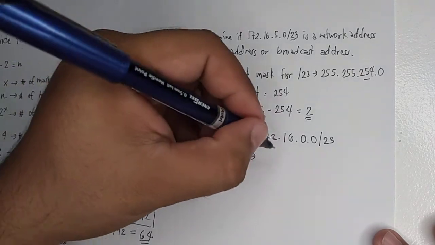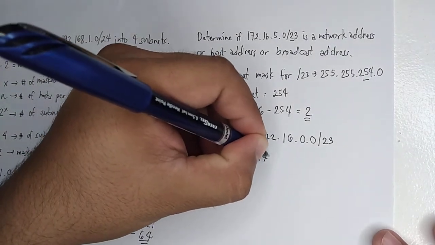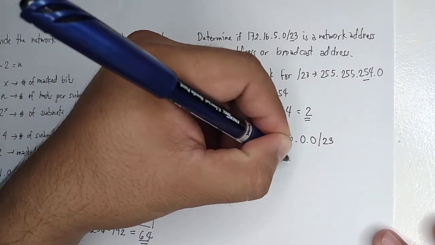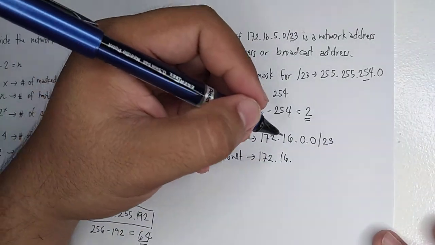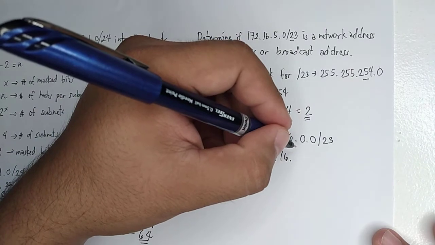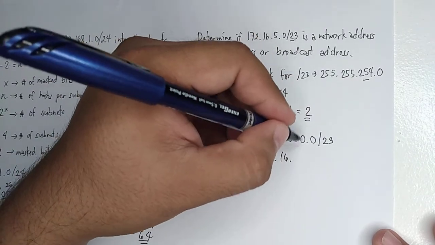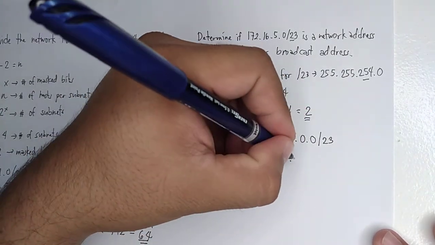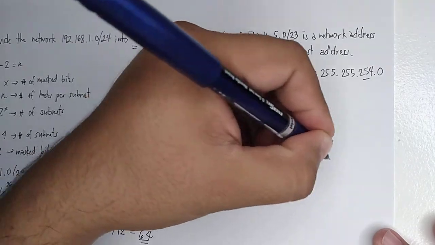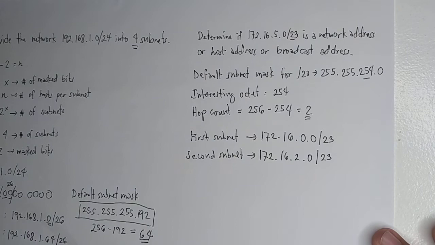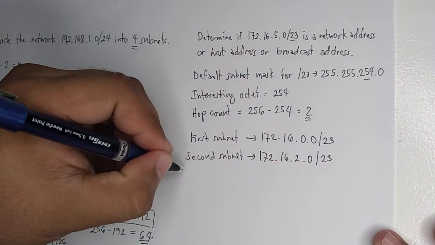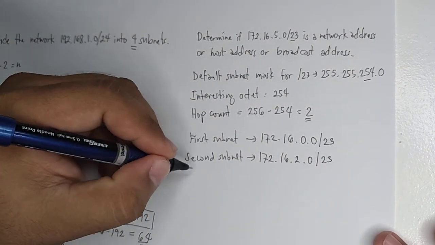So we have 172.16, and with 2 hop counts, we increase the third octet, which is the portion of our host. We add 2, so 172.16.2.0/23.